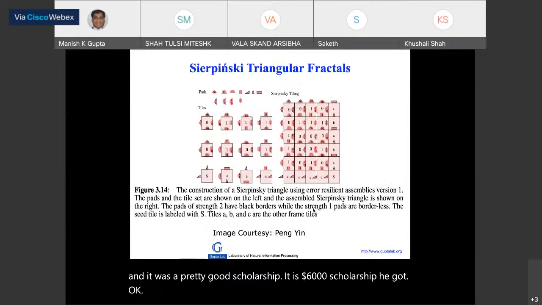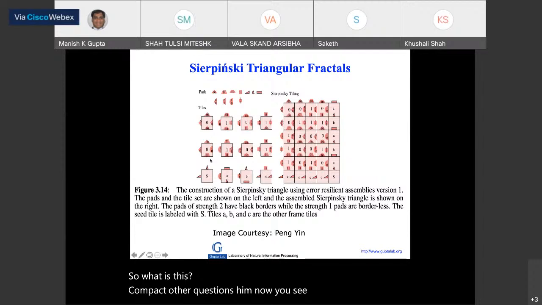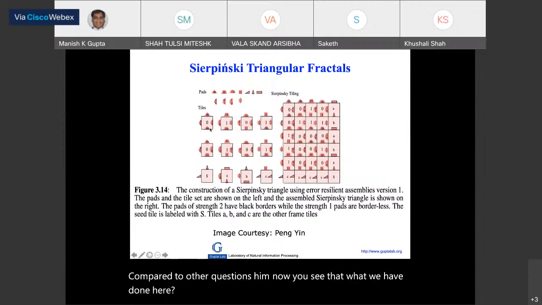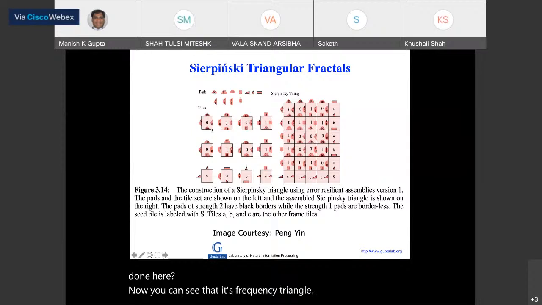So what is this compact allocation scheme? Now you see what we have done here. You can see the discrepancy triangle. We have blown up the tiles.